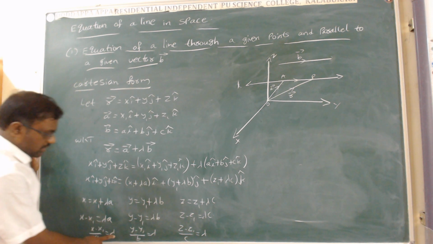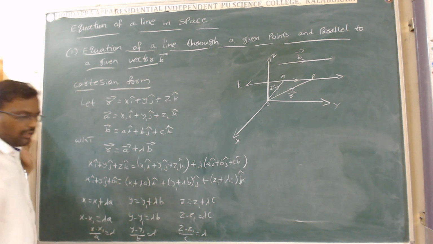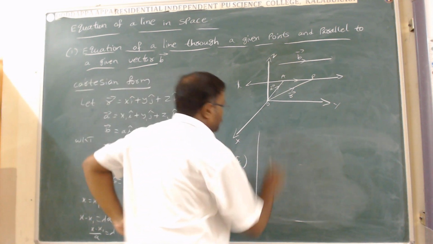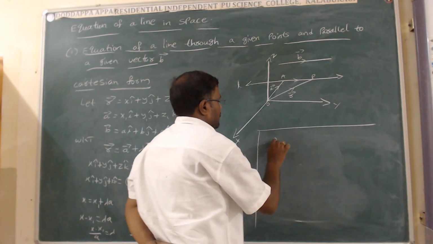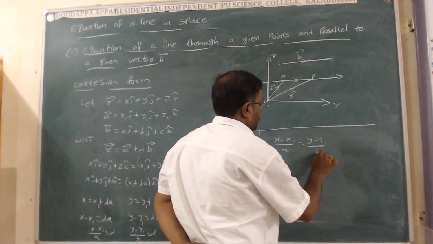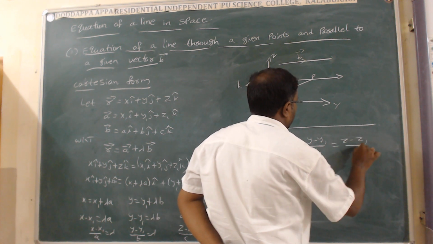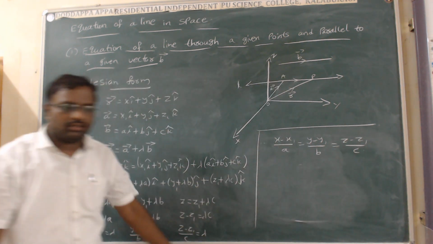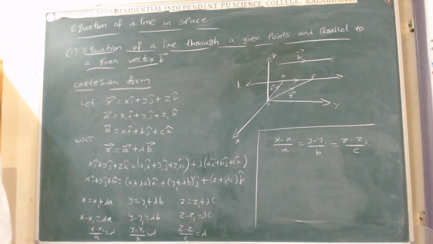Now you can observe lambda is the same in all, so x minus x1 by a equals y minus y1 by b equals z minus z1 by c. This is the symmetric form.